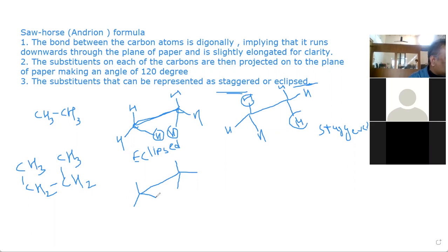Now CH3 methyl, CH3 methyl, and H, and H. Angle 120 degrees.